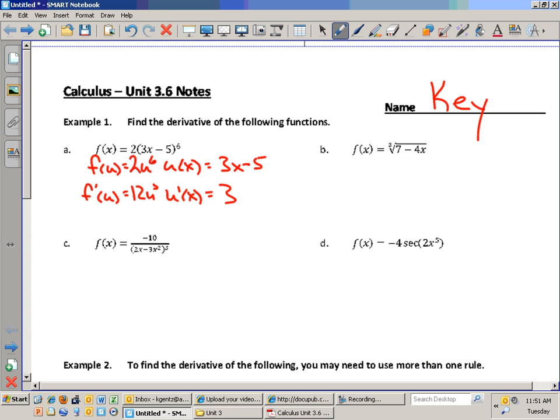What you have to make sure that you do, though, is plug the 3x minus 5 back in for the u. And so the derivative here, f prime of x, is equal to 36u to the fifth, which is the same as 36 times 3x minus 5 to the fifth power.